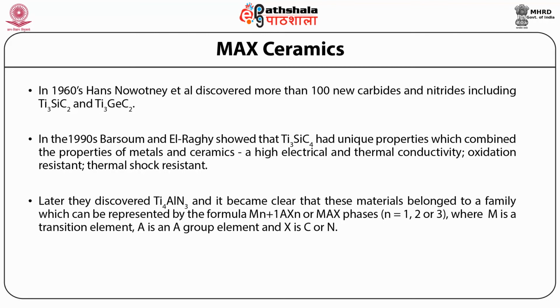The phases corresponding to n equal to 1, 2 and 3 are represented by 211, 312 and 413. The transition element M can be from group 3, group 4 or group 6. No MAX phases are known with the transition elements Y or Nb from group 3 or W from group 6.